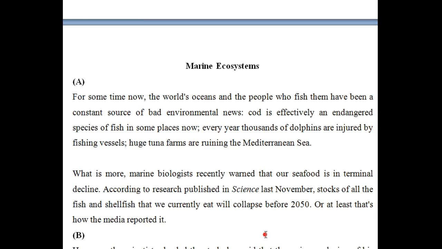Although you need to read further to see whether they are talking about the same thing or saying something different. Tip number 2: if you don't get any clue, then read the entire passage and find the answer. And there are some precautions as well.